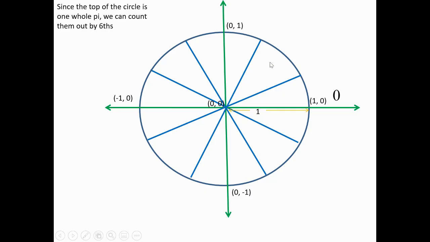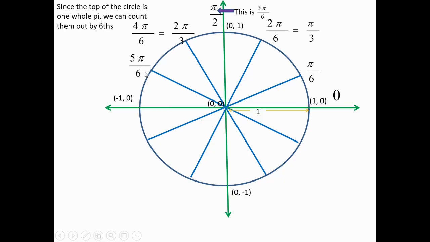If half a circle is really pi radians, I just cut it into sixths. So now I'm going to count by sixths. So the blue and the green, 1/6, ignore that yellow line. 2/6, but that reduces. 3/6, but you probably already have that labeled, right? 3/6 is your pi over 2. 4/6 reduces. 5/6.